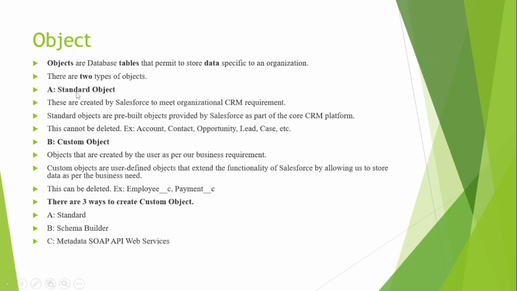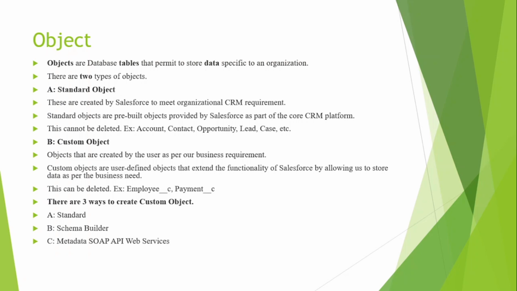Objects are categorized in Salesforce into two types. First is standard object and next is custom object. Standard objects are created by Salesforce to meet organizational CRM requirements. They are already created by Salesforce and given to us.